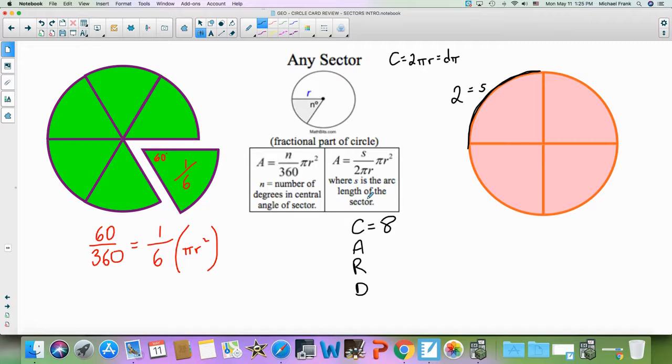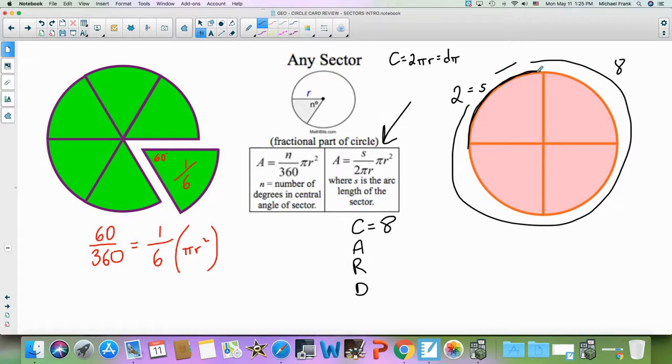I'm making a really simple problem to explain this formula. We know the whole circumference is 8, and this part of it is 2. So we would put s, which is 2, over the whole circumference, 2 pi r, which is 8, and simplify that to find that what we're really looking for is 1/4 of this entire circle.